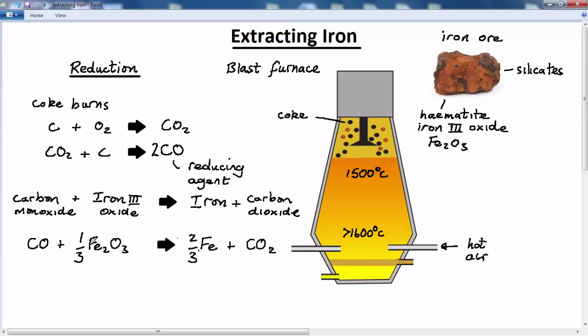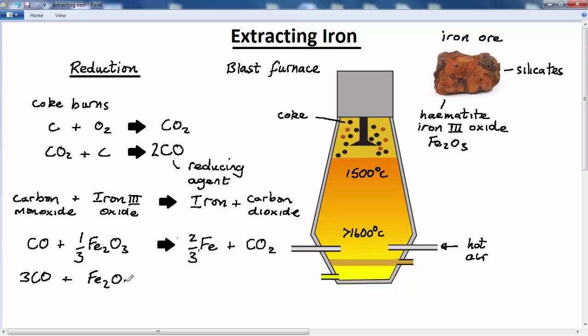But the problem is you can't have a third of an iron oxide molecule and you can't have 2/3 of an iron atom. So we've got to get rid of this denominator, and we're going to do that by multiplying the whole lot, both left and right, by 3. Okay, so that gives us 3 carbon monoxides. 3 times 1/3 is 1, which is Fe2O3.